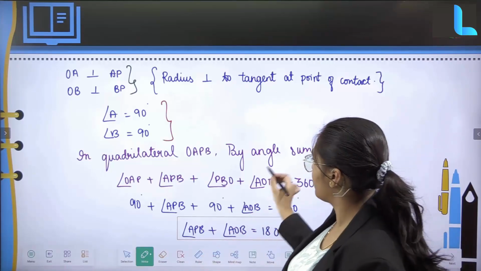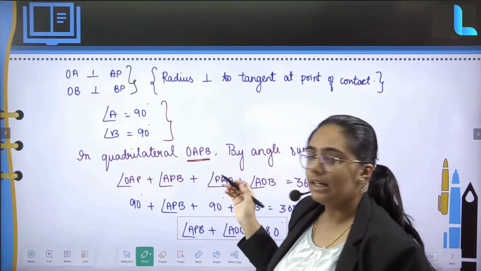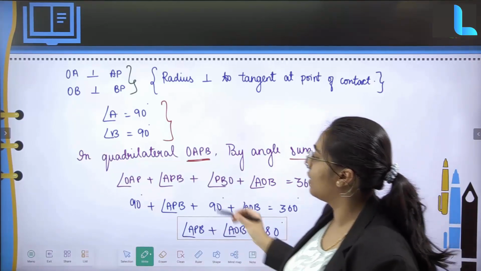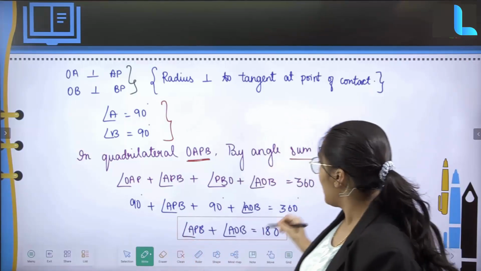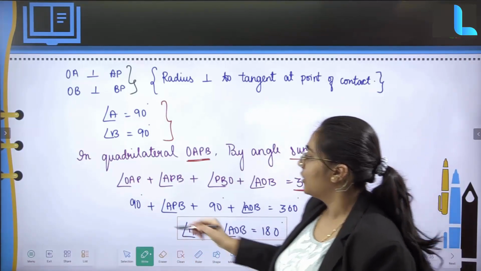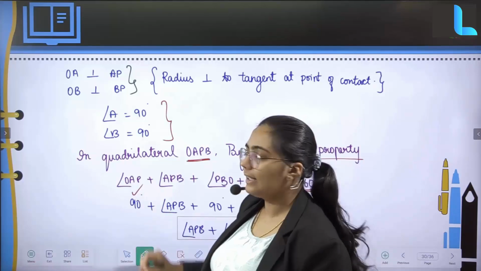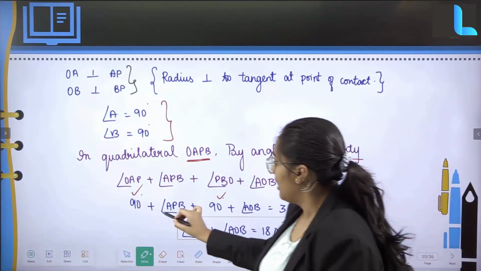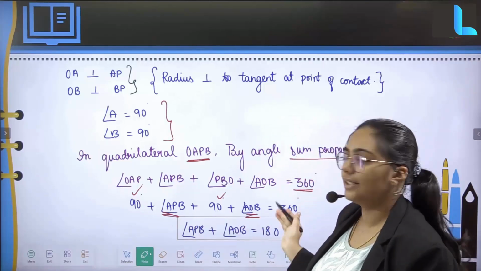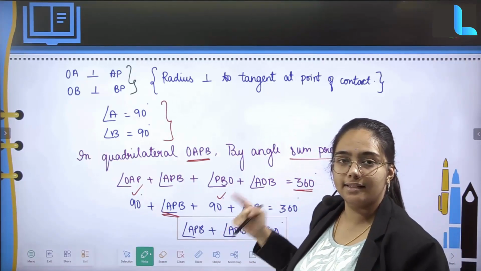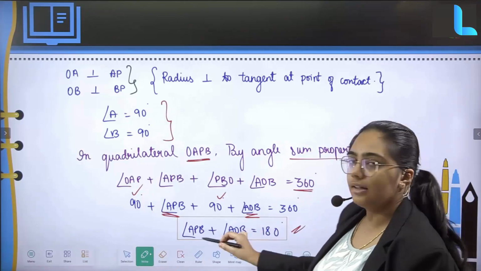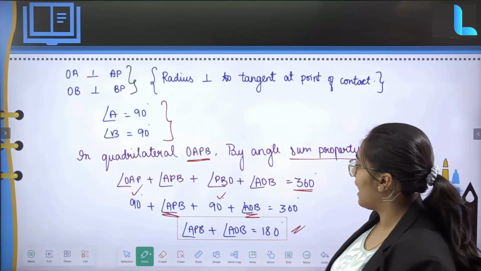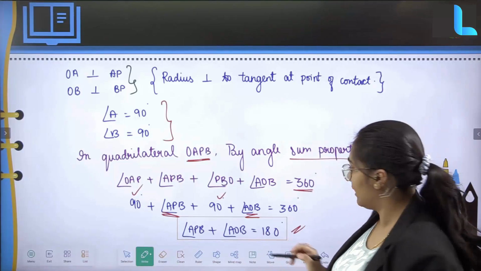Once I have got that, the same procedure we just followed, considering the whole quadrilateral by angle sum property, the sum of all the angles has to be equal to 360 degrees. So angle A is going to be equal to 90 degrees and B also is equal to 90 degrees. The rest of it we don't know, so if you just move it to the right hand side, 360 minus 180, you will get the sum of both of them. You will get angle APB plus angle AOB is equal to 180 degrees. Simple one.